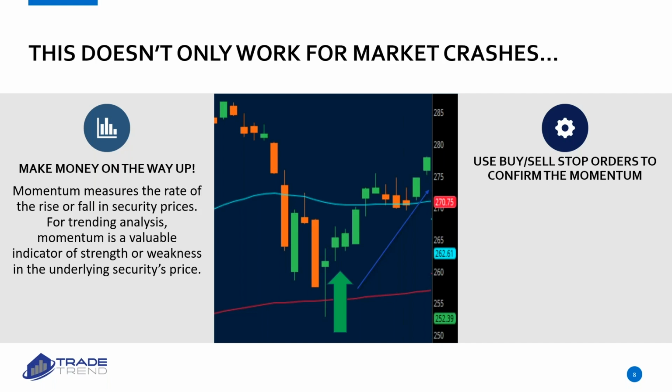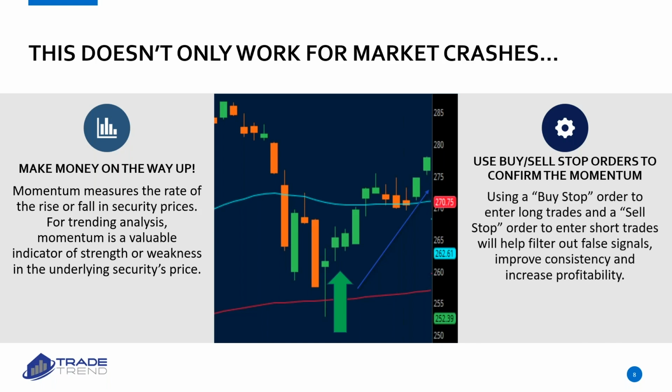Once we can identify these momentum shifts, and this is a little trick I'm going to give you guys today, we combine them with a very specific type of order that we use to enter the markets, and we can confirm that momentum shift. That's by using buy stop or sell stop orders. Rather than using a limit or a market order to get in, we wait for the market to confirm the momentum.